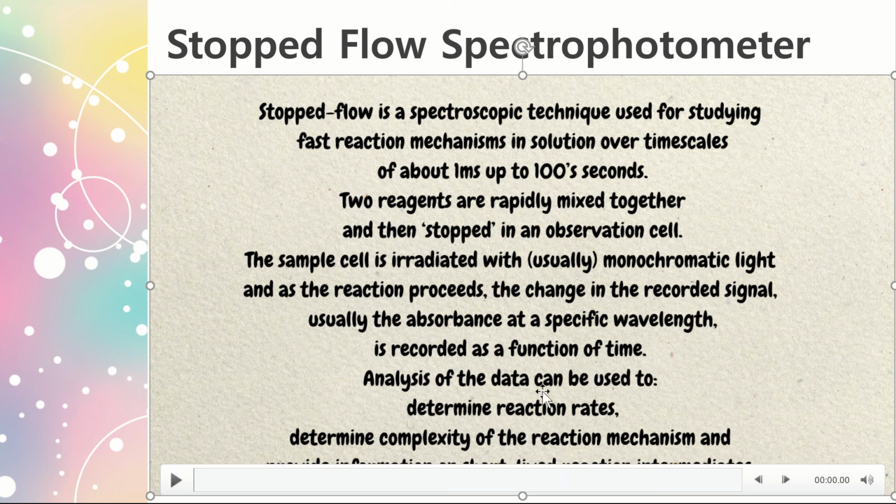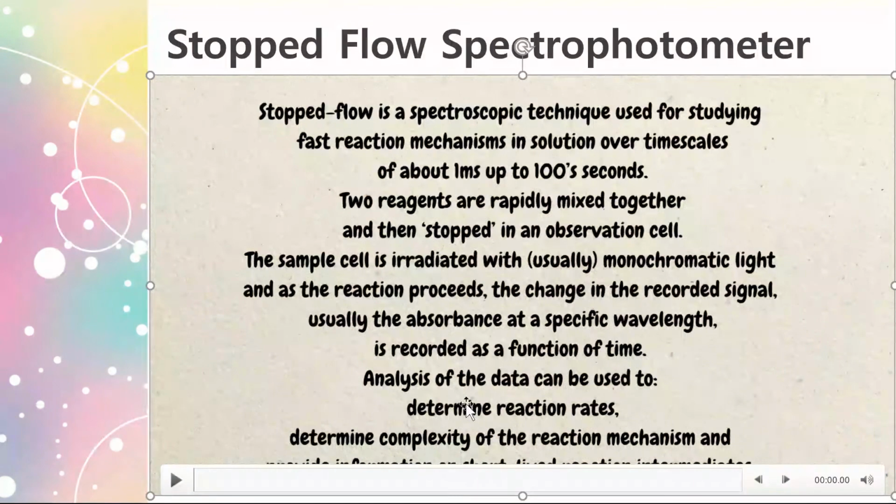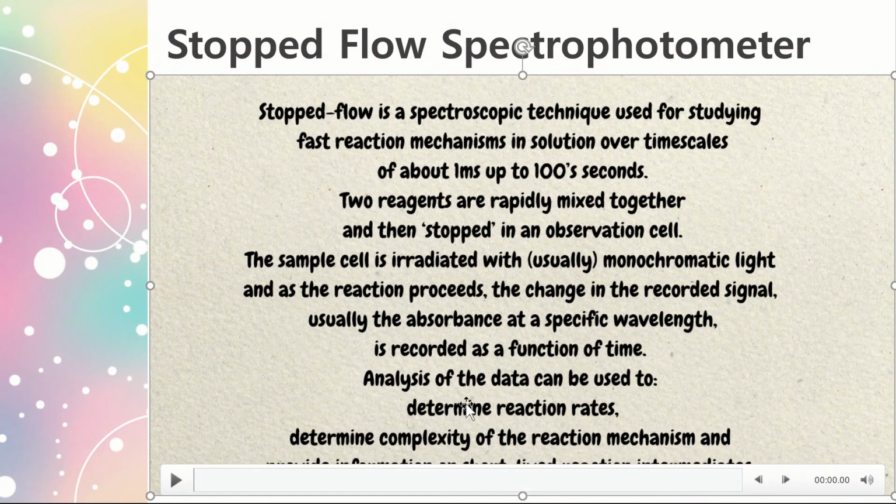That is recorded as a function of time. The analysis of the data can be used to, one, determine reaction rates, right? It can also be used to determine the complexity of the reaction mechanism. And it can also help us with the kinetic evidence that we're talking about here, which obviously would be the reaction rates.